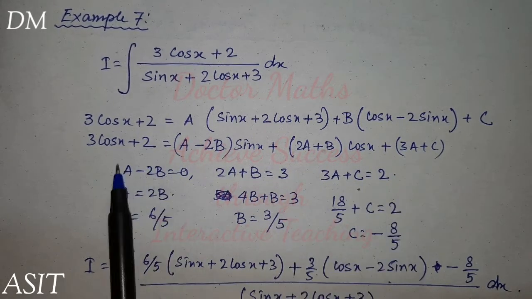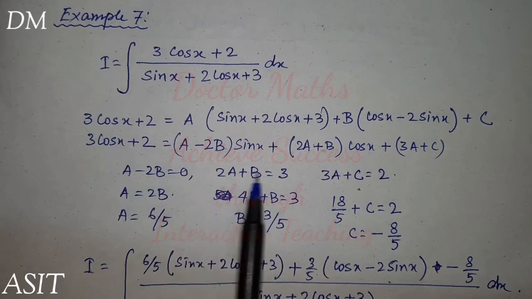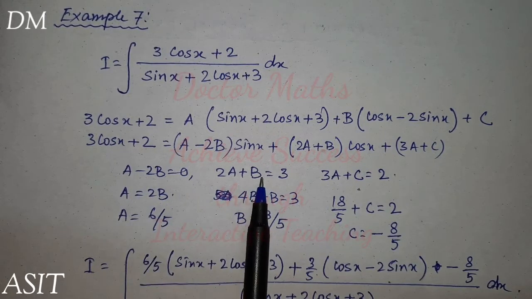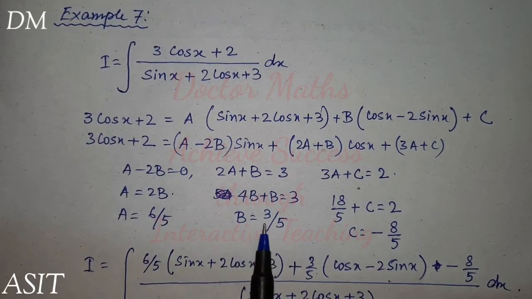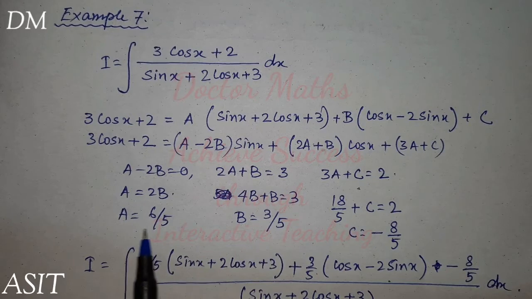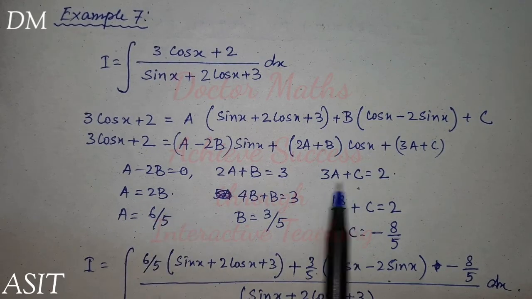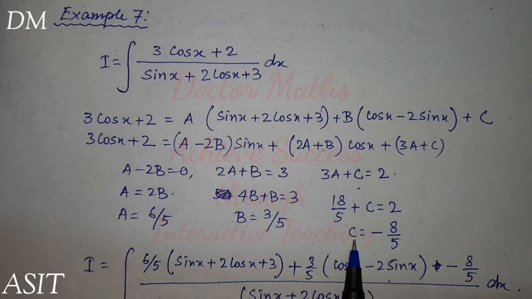Now if we solve these equations, first I will take the first two equations and solve them. We get a equals 6 by 5 and b equals 3 by 5, and using the value of a we can put it here and get the value of c, which is minus 8 by 5.